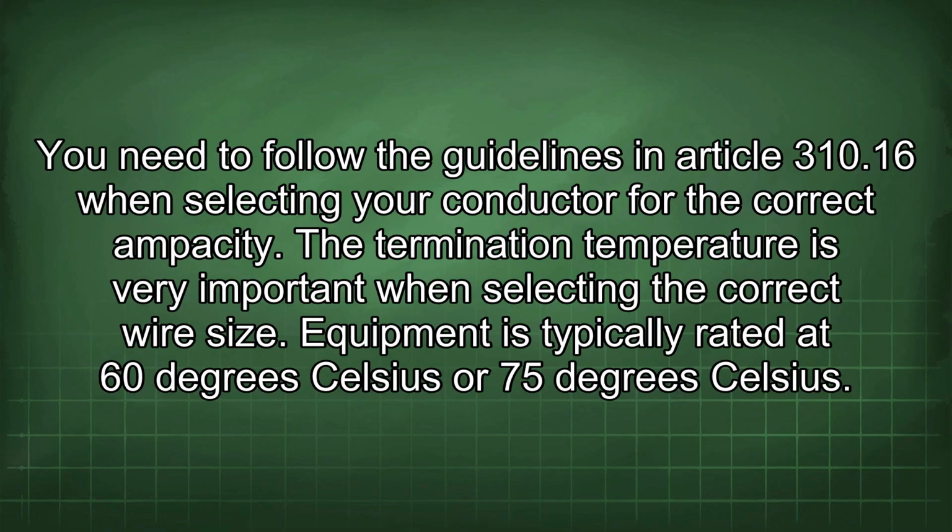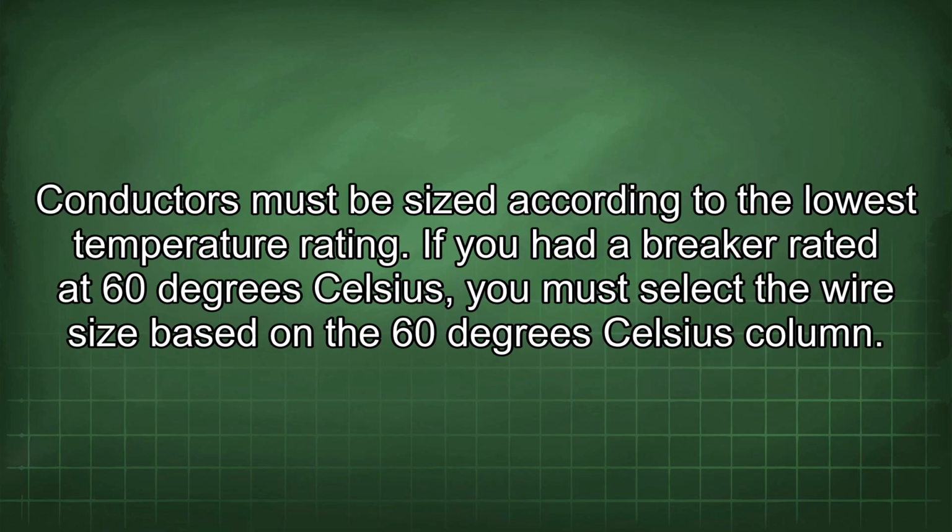You need to follow the guidelines in Article 310.16 when selecting your conductor for the correct ampacity. The termination temperature is very important when selecting the correct wire size. Equipment is typically rated at 60 degrees Celsius or 75 degrees Celsius. Conductors must be sized according to the lowest temperature rating.